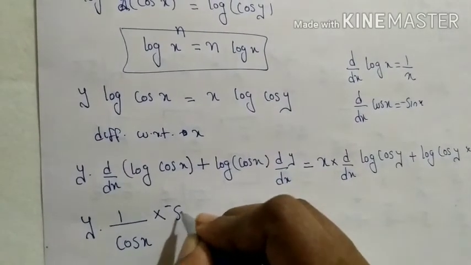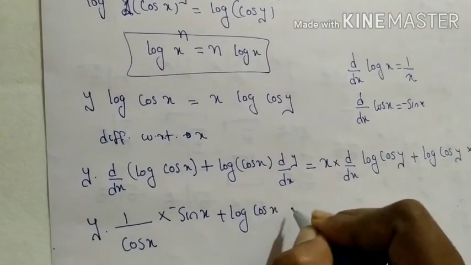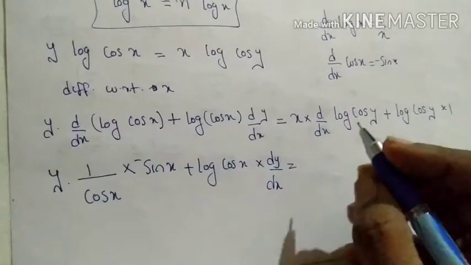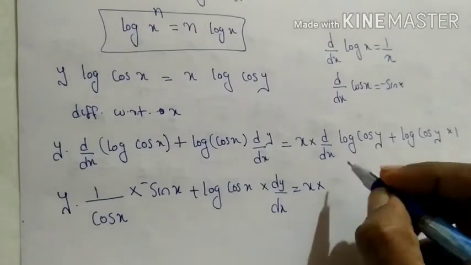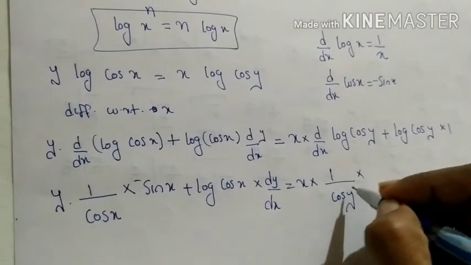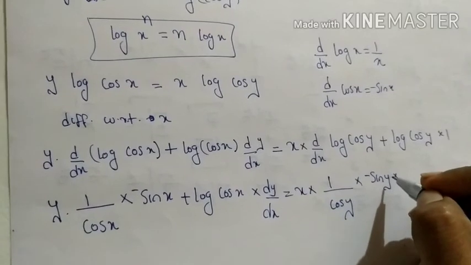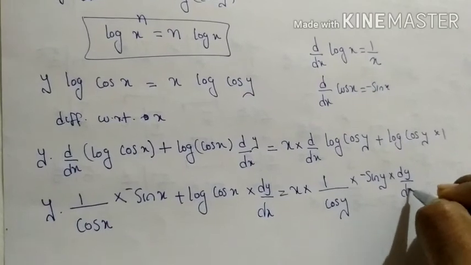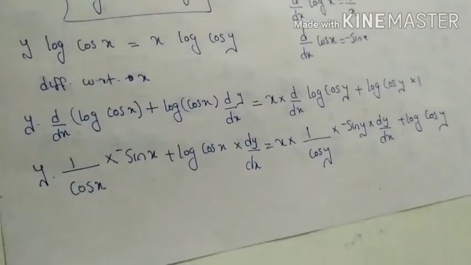So I am writing minus sin x here, plus log of cos x into dy by dx. LHS is over, and RHS, x into derivative of log cos y means 1 divided by cos y into derivative of cos y is minus sin y, and again we need to differentiate y because y is another function. So dy by dx here plus log cos y.